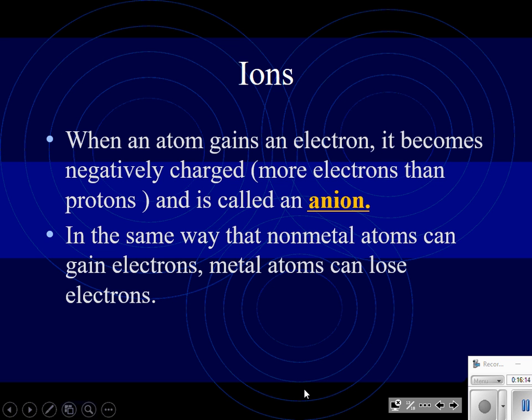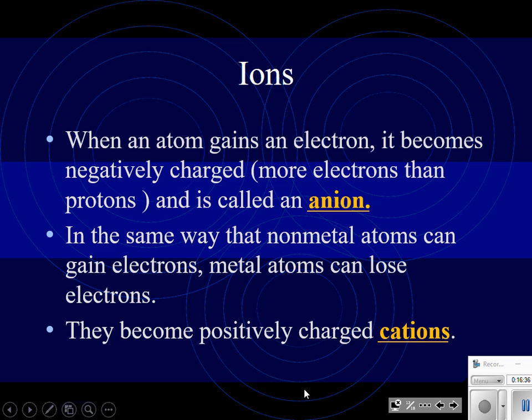When an atom gains an electron, it becomes negatively charged, an anion. Nonmetals want to gain electrons. Metals want to lose electrons. We talked about that yesterday, maybe. So, anions gain electrons, become negative. Cations lose electrons, become positive.